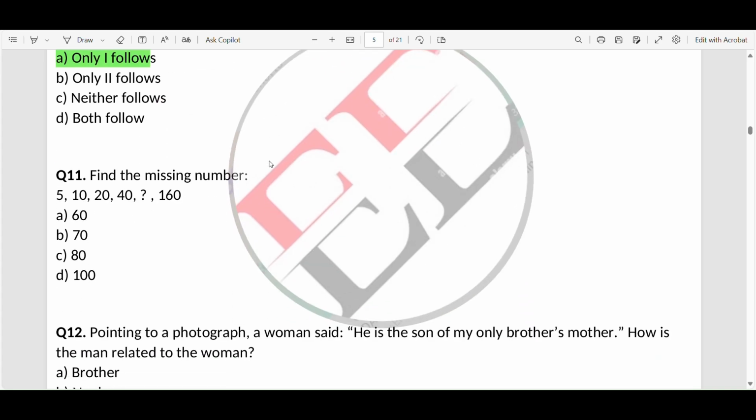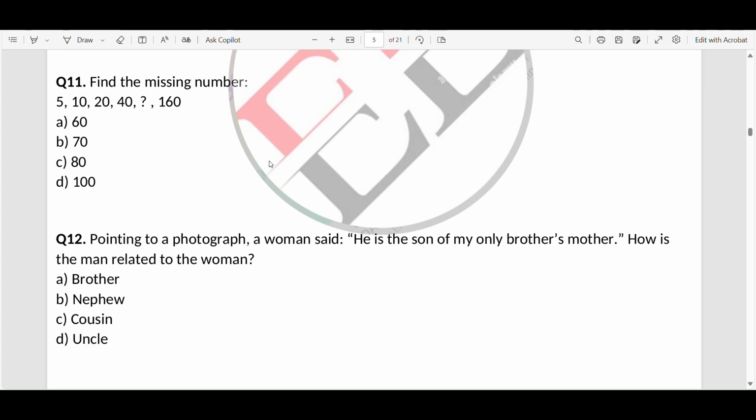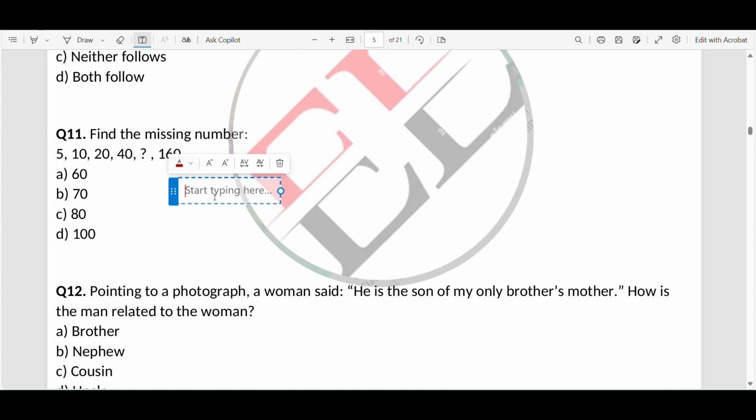This is the 10th question, and let's move on to the 11th. Find the missing number. Here we have the numbers 5, 10, 20, 40, and this is a very easy one, as you can see. The first one is 5, and by doubling it we get 10.